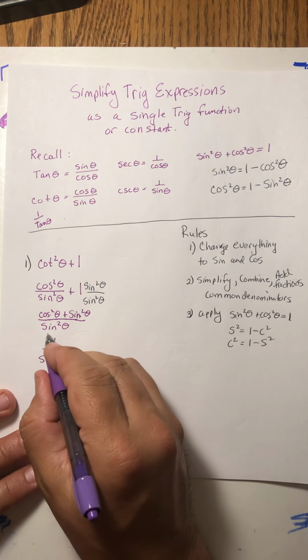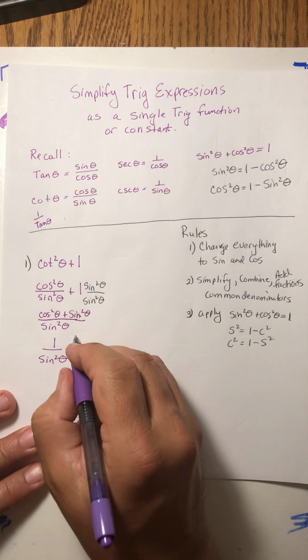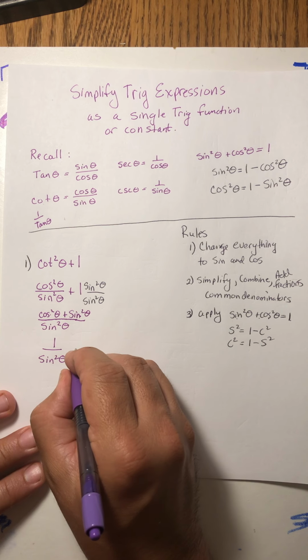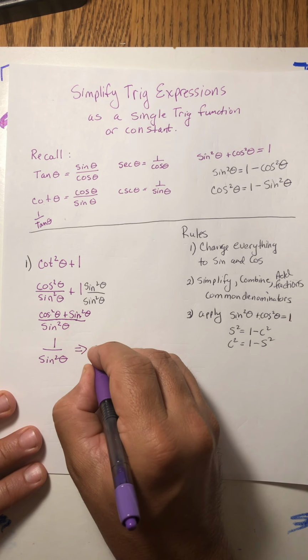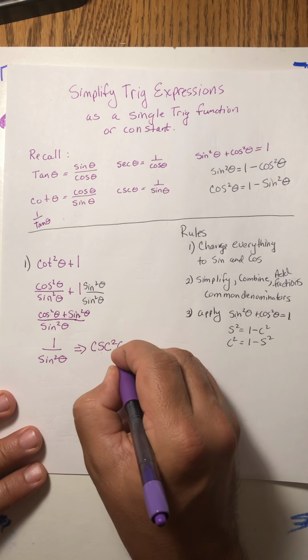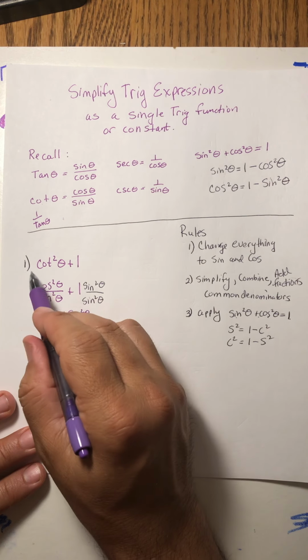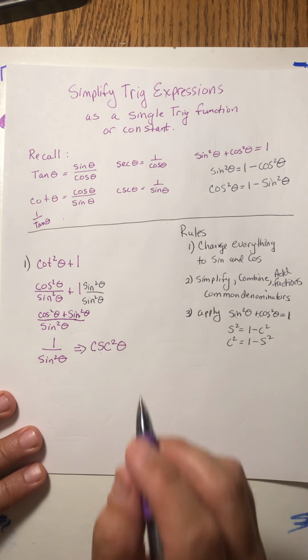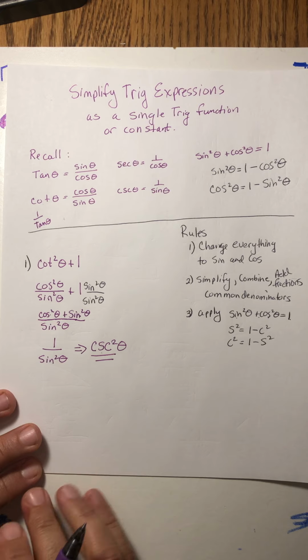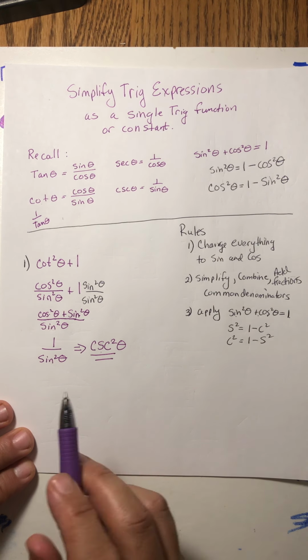So this is a single trig expression, 1 over sine squared of theta, or we can write this as the cosecant squared of theta. So we just simplified this trig expression as a single trig function. So either this or this.